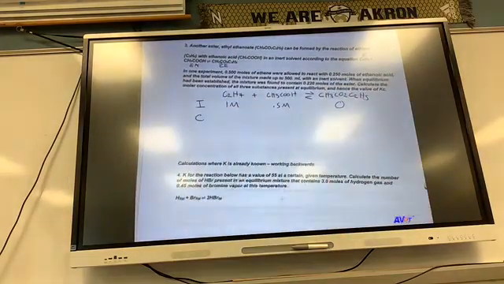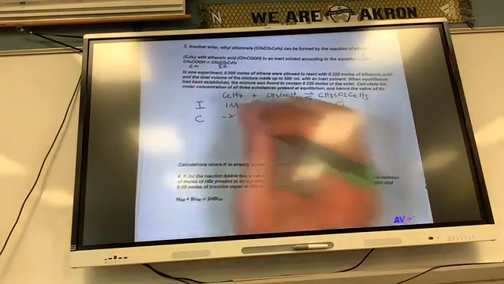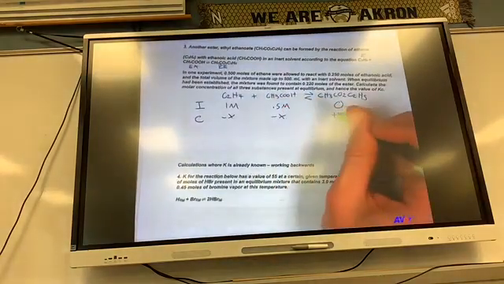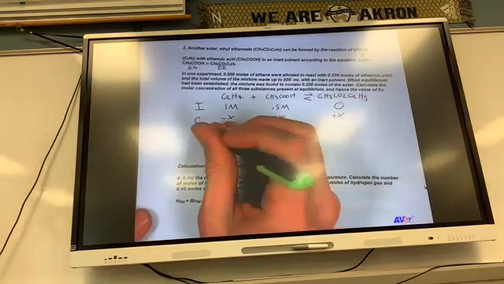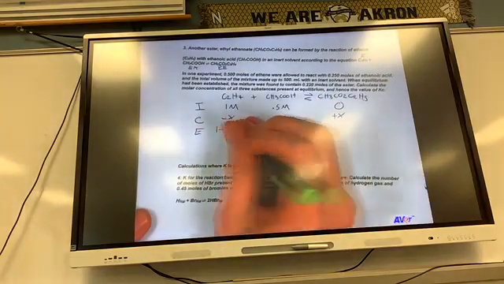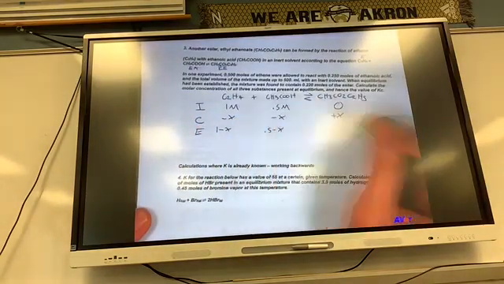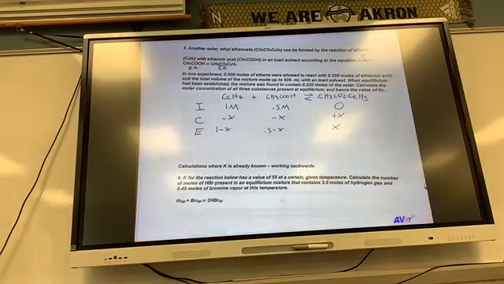Change is negative x, minus x, minus x, plus x. At equilibrium, I have 1 minus x, 0.5 minus x, and x. So you can already tell this is going to be a lot nicer to solve.